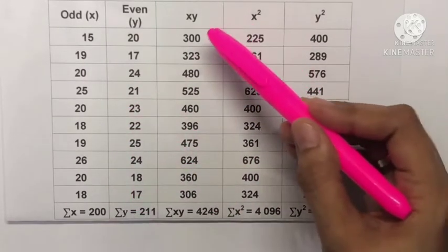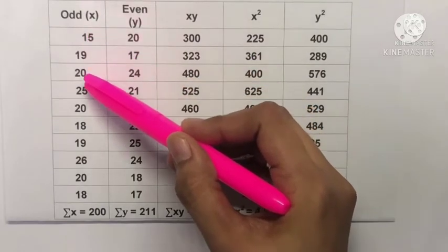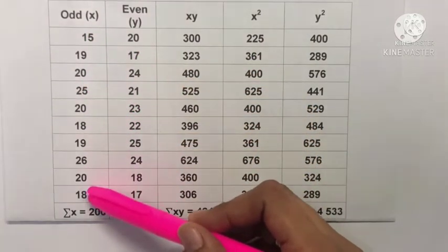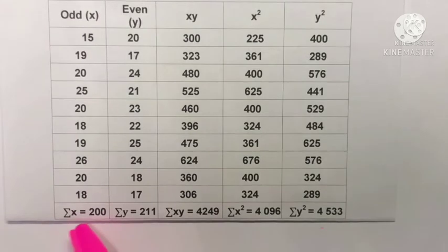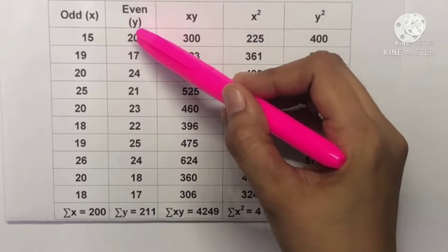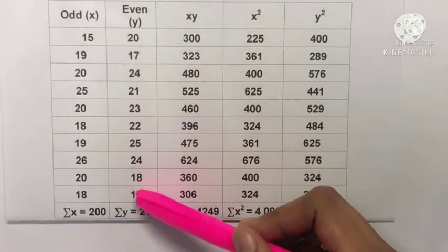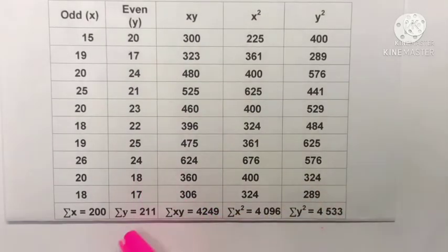Okay, so we will just add all of this, 15 plus 19 plus 20 plus 25 up to 18 to get 200. So the summation of x is equal to 200. For y, again, we will just add all of this, 20 plus 17 plus 24 plus 21 up to 17. So summation of y is equal to 211.